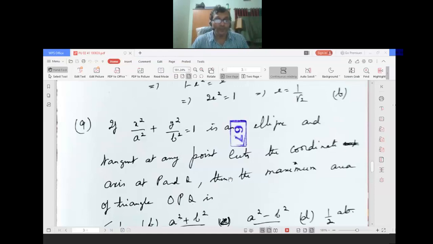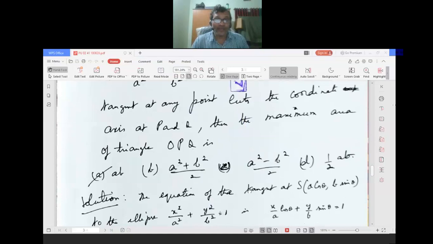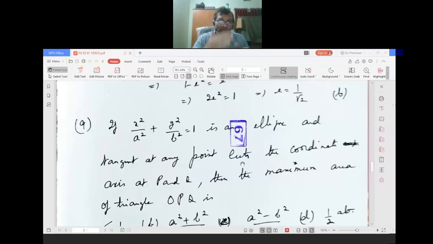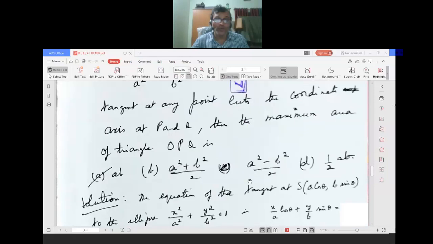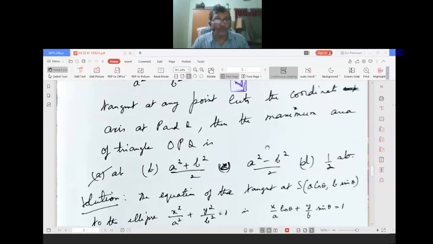For example, in this problem, x squared by a squared plus y squared by b squared is an ellipse, and a tangent at any point cuts the coordinate axes at P and Q. Then the minimum area of triangle OPQ is: first option AB, second option a squared plus b squared by 2, third option a squared minus b squared by 2, and fourth option is half AB.